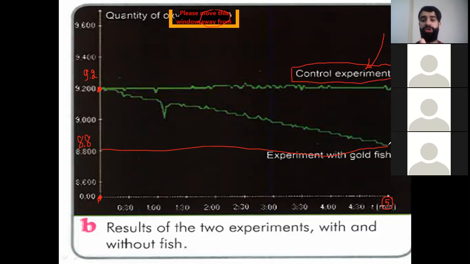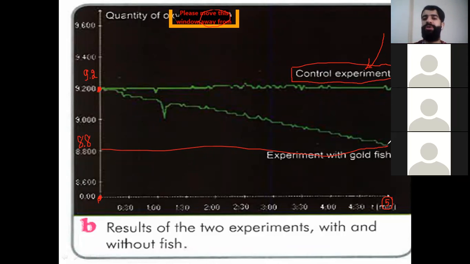Whereas in the experiment with the goldfish, the quantity of oxygen at time 0 was 9.2 milligram per liter, but as time increases from 0 to 5 minutes, it decreases from 9.2 down to 8.8. So when we have the fish, the quantity of oxygen decreases. When we don't have fish, it remains the same.